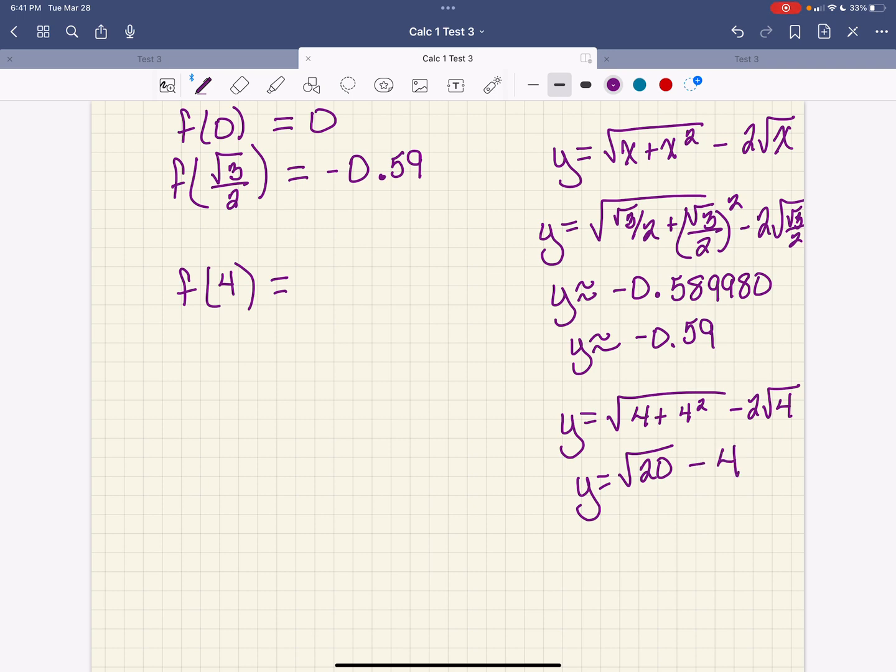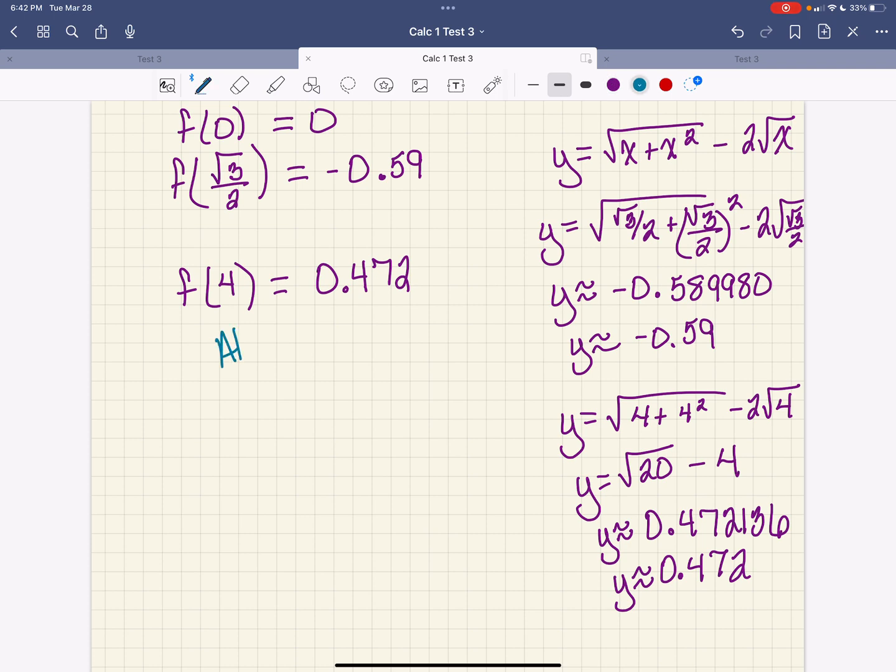Our decimal approximation for that is approximately 0.472136, and let's round to 3 decimal places, so that's 0.472. Okay, so y is approximately 0.472, and that looks like it's going to be our absolute maximum.